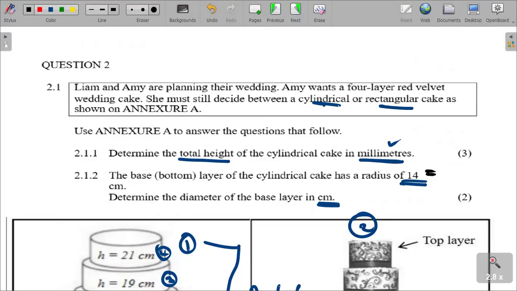You need to know that d is equal to 2r. So d is equal to 2 times 14, which is equal to 28 centimeters.